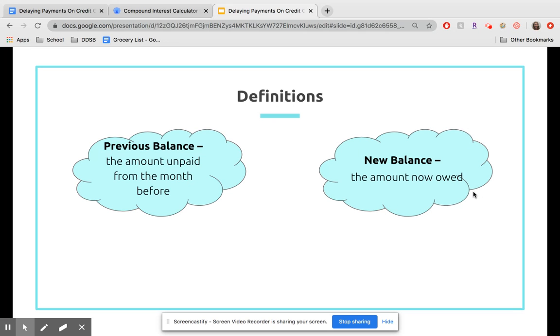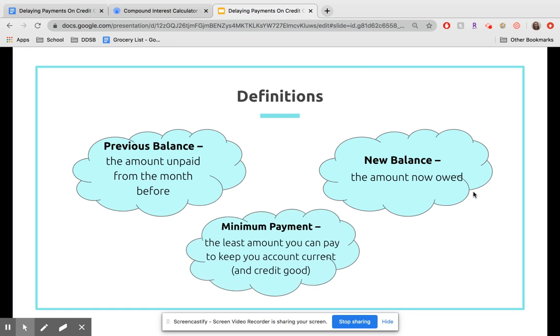New balance is the amount that's now owed, so whatever your previous balance is plus whatever you spent on that credit card during the current time period. And your minimum payment is the least amount you can pay in order to keep your account current, so to keep your credit card open and keep your credit good.